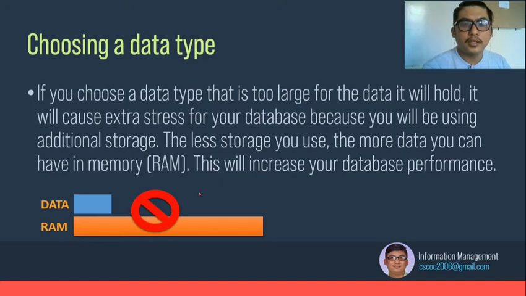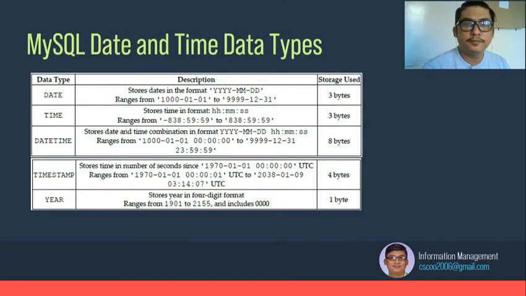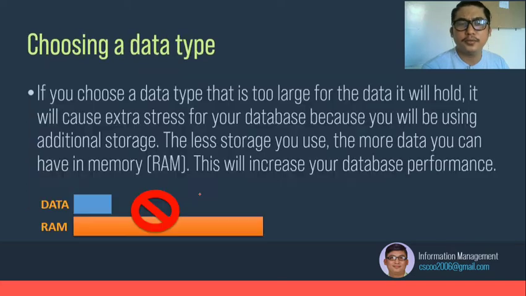Okay, the number of data types in MySQL is overwhelming. So how do we choose a proper data type for my column? If you choose a data type that is too large for the data it will hold, it will cause extra stress for your database because it will be using additional storage.